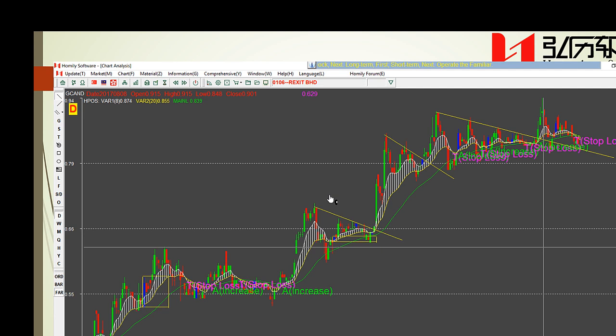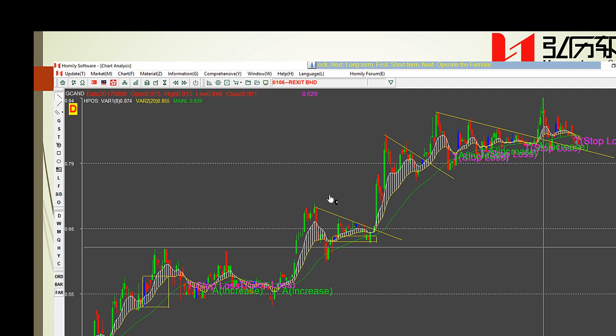So here is safe, because this blue candlestick, this bottom catch signal, is a big yang candle. Mostly when it is a big yang candle and far away from the white band, it will tend to go back to the white band, to the white line.